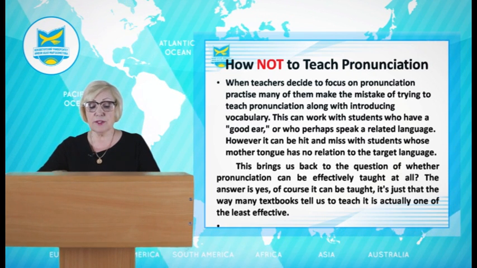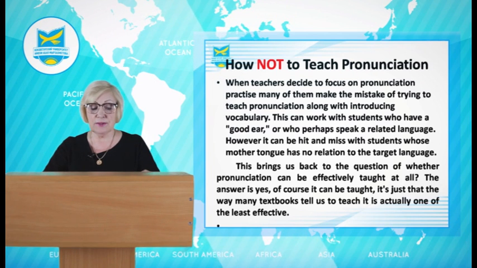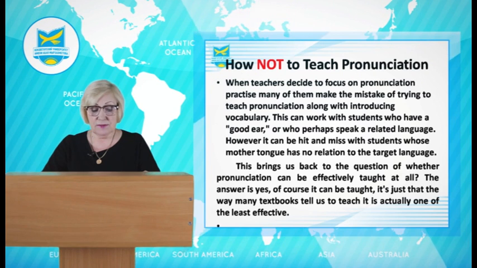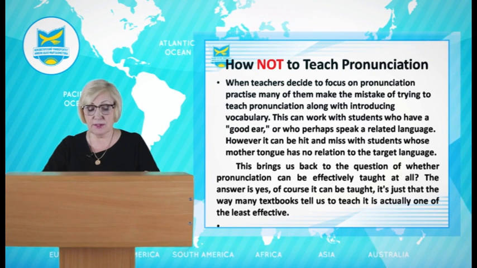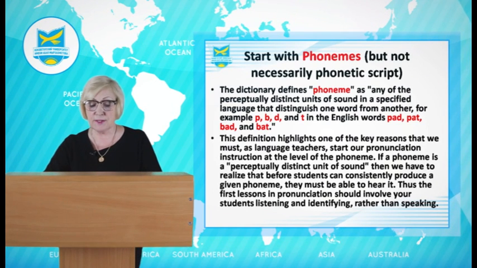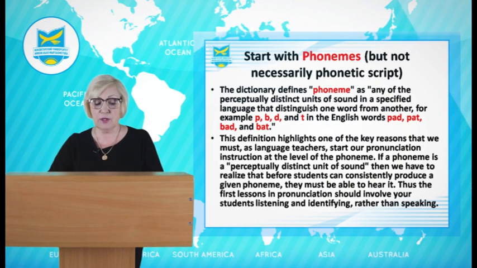3 big barriers to good English pronunciation. Anxiety, learned helplessness, and cultural identity are the 3 biggest barriers to students' successful adoption of a second language.